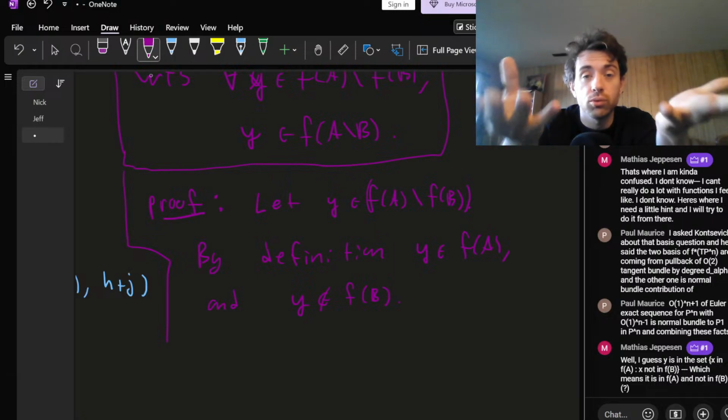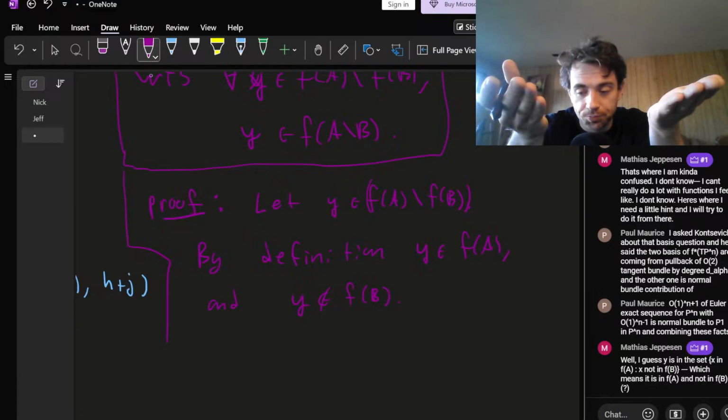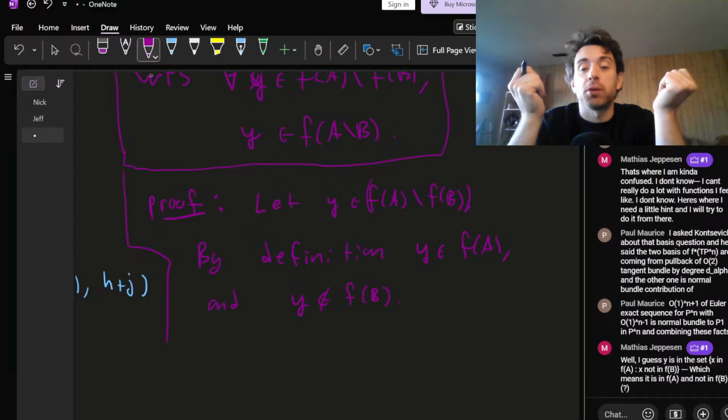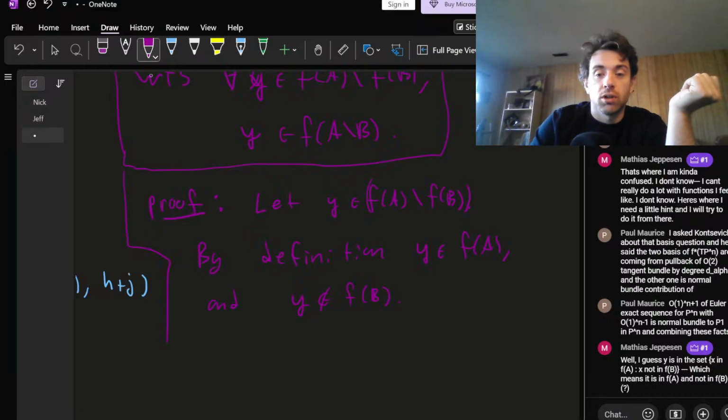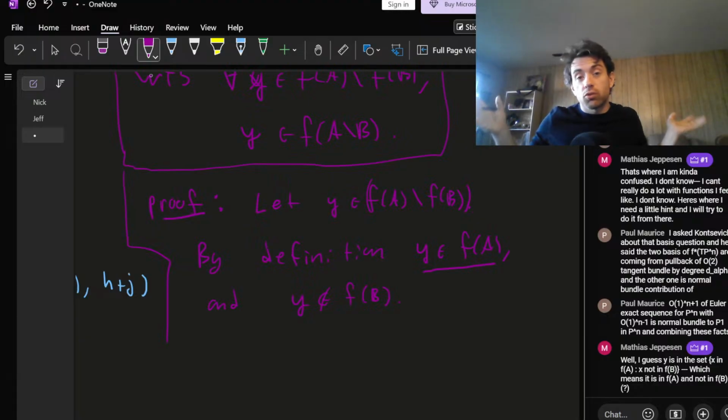We now have two statements sitting in front of us that we could choose to work with. Well, why don't we pick the first one that we wrote down? So y is in f of a. There's only two statements we can even try to do something with, right?